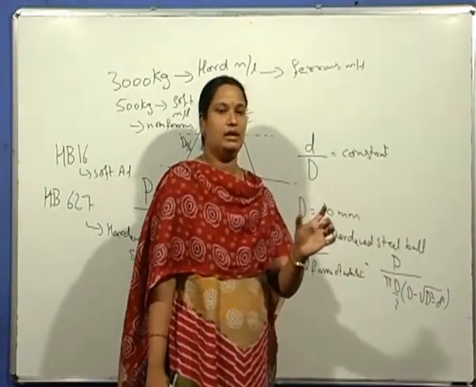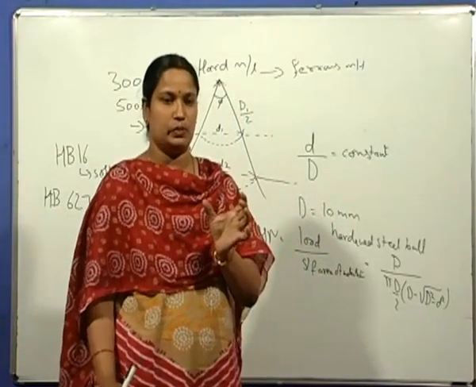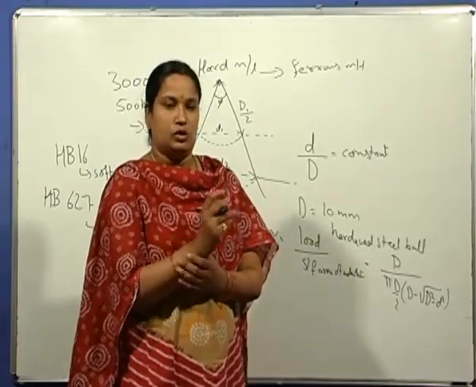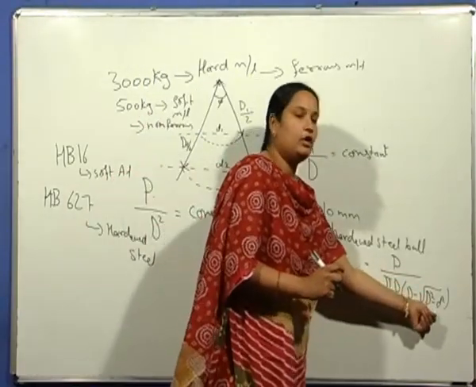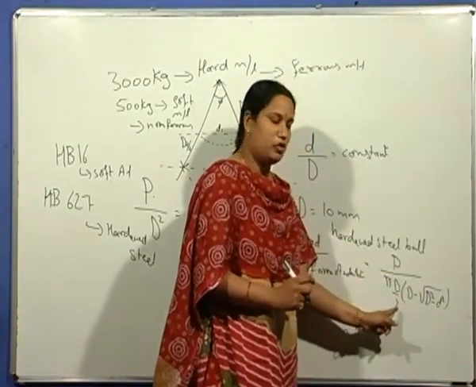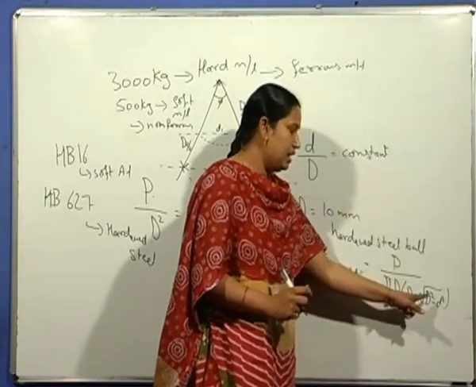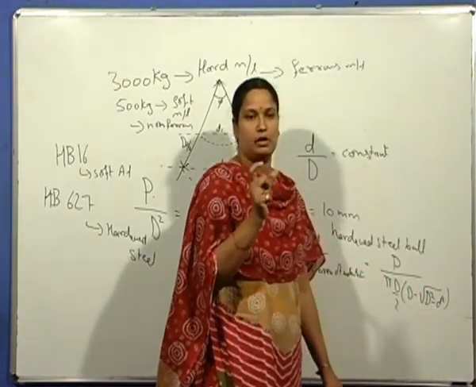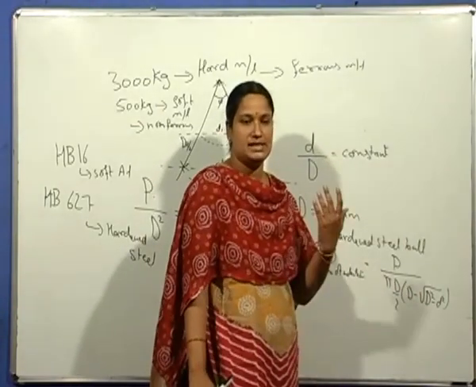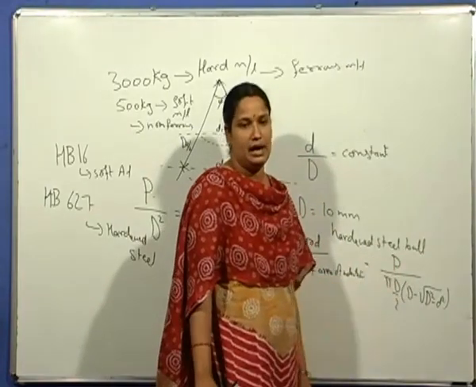The diameter of indentation is measured by using a low power microscope, which has an inbuilt scale, and that is substituted in this formula. Load is known, diameter of indenter is known, that is 10 mm, and small d, the diameter of indentation, can be measured using the microscope. So substituting the values, one can obtain the Brinell hardness number.